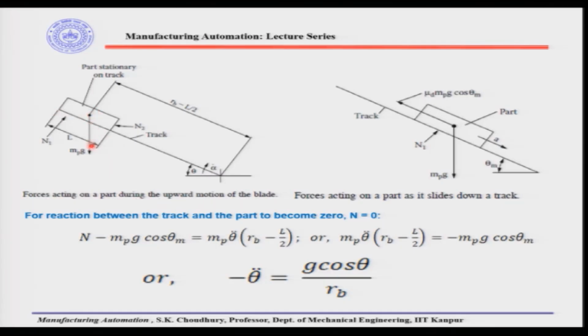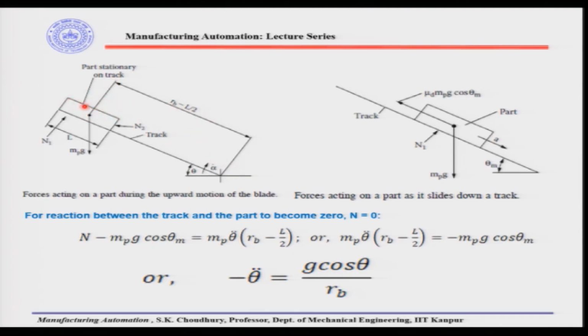Here it will be mpg, the mass of the part, and here is the normal force acting by the track. Here is the track and this is the part. What is shown here is RB minus L by 2, where capital L is the length of the part, so this is at the middle of the part.